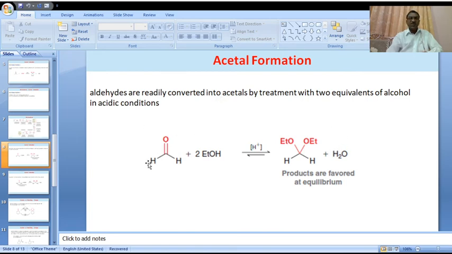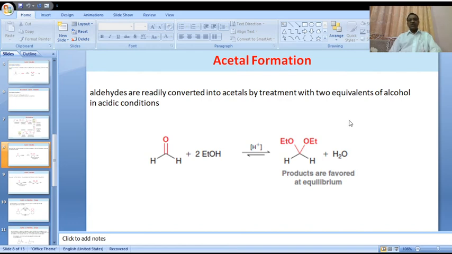When we use acetaldehyde, the reaction may move in the backward direction. In that case the equilibrium favors the reactant side. But here the starting compound is formaldehyde, which has no electron donating groups, so formaldehyde is less stabilized than acetone.